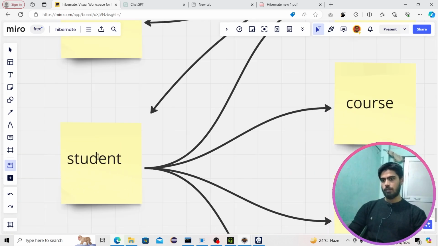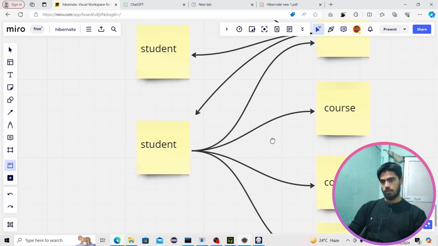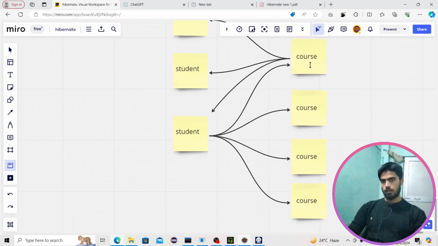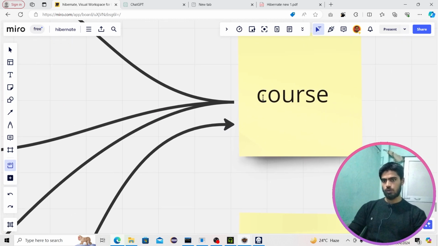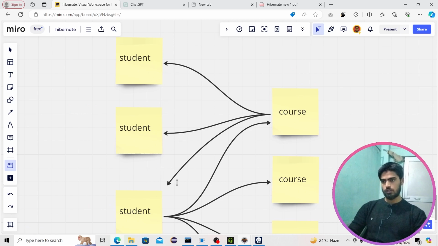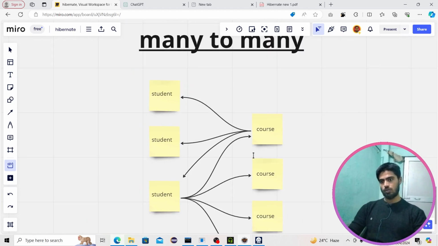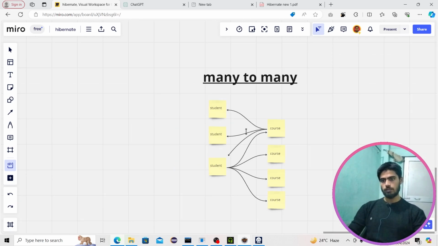So from a student side, one student can have multiple courses, but also from the course side, one course can hold multiple students. Multiple students can get enrolled in a particular course. So it becomes many to many in both ways.